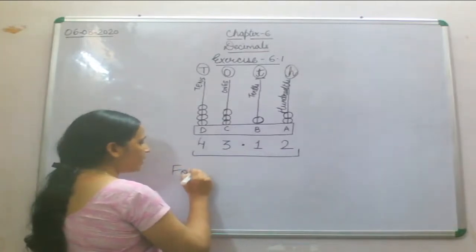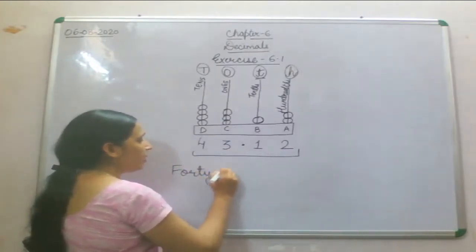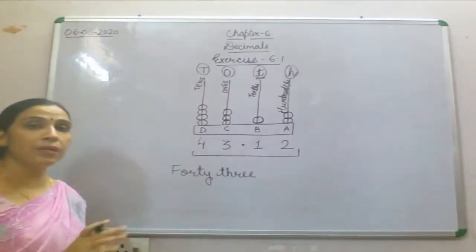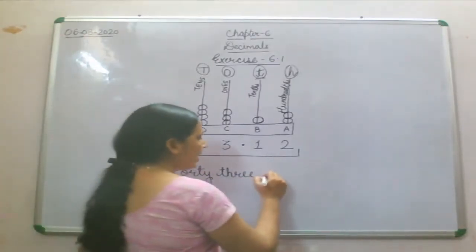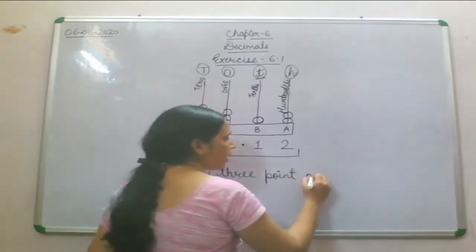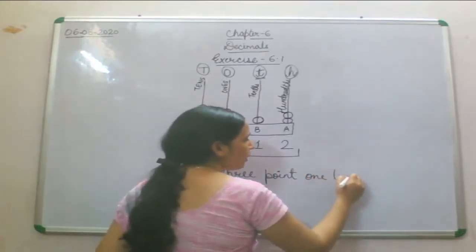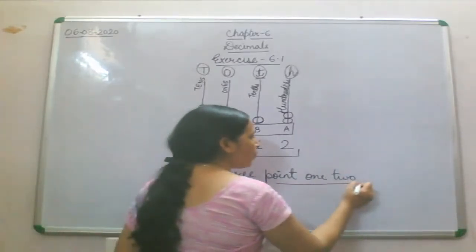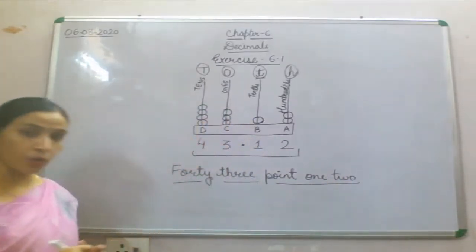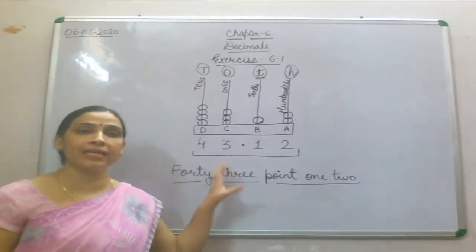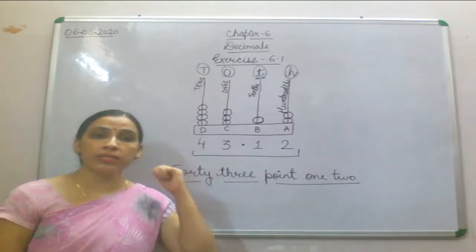As I told you, you were writing the decimal number in words as we pronounced it: 43 point 1 2, 43.12.